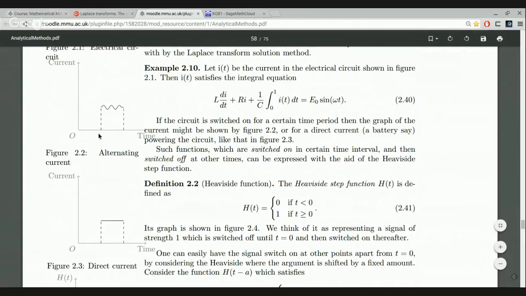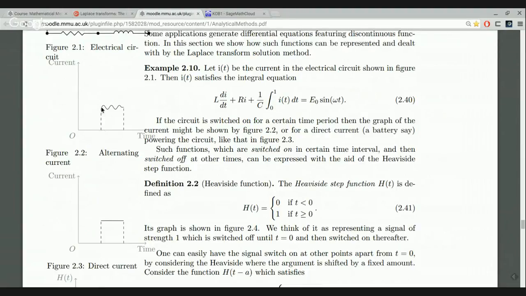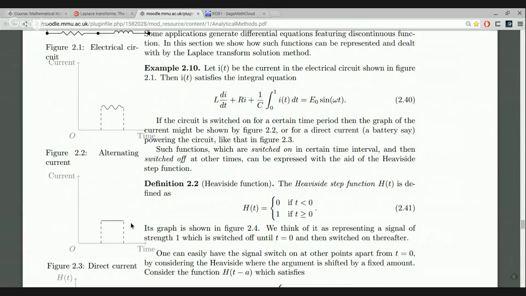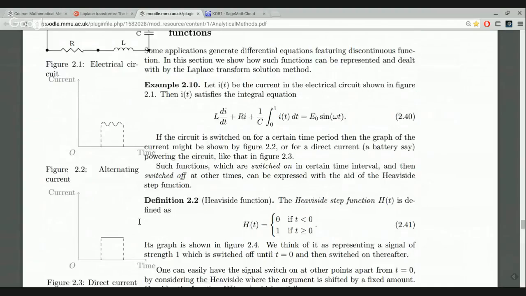But in some time interval, the current might be switched on, and an alternating current might have a signal like this, and a direct current might just have a set level of the current. So what we'd like to do is have some way of representing signals that are switched on and switched off. Okay? This is what our Heaviside step function enables us to do.